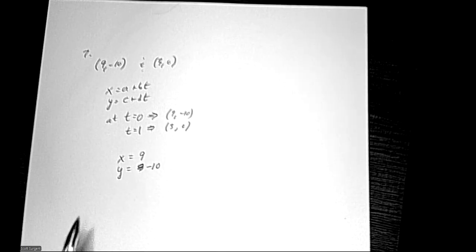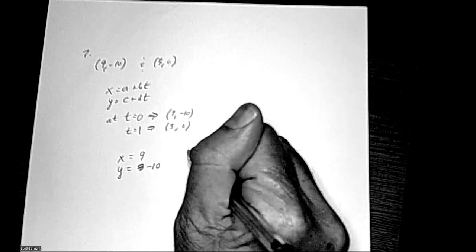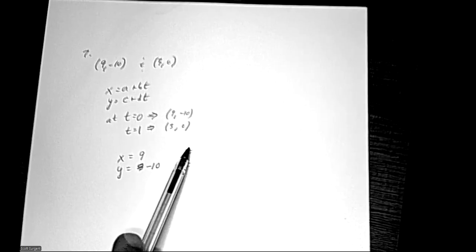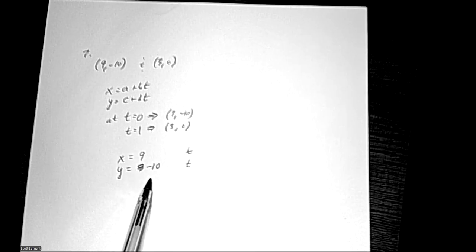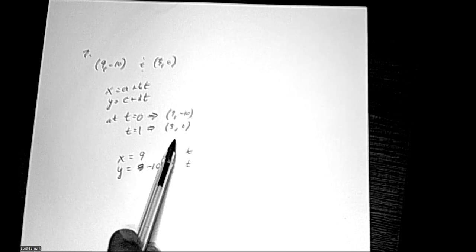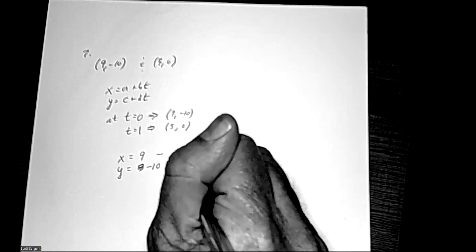So if I set the constants a and c to 9 and negative 10, and then I have t over here, so I have some space for the coefficient. If I put in a 0 for t, that'll just drop out whatever's over here, and it'll give you 9 and negative 10. And then if I put in a 1 for t, I want to get a 3 for x. So I would have to take away 6.